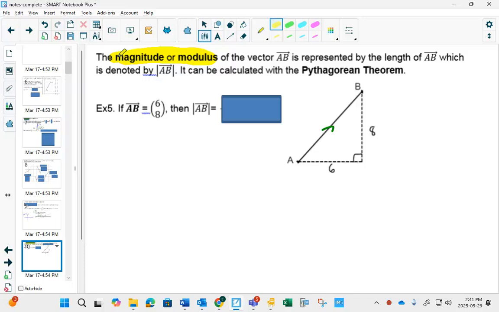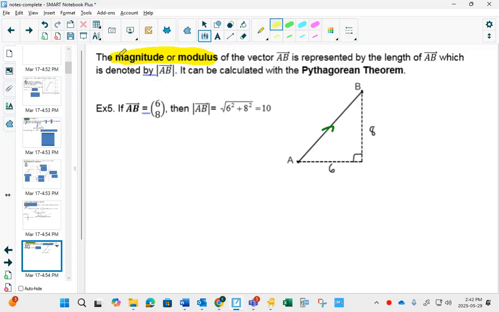So if in 2 dimensions, I had the vector 6, 8, that would mean 6 to the right, 8 up. How long is that vector? Do you recognize this as a special 3, 4, 5 triangle? 3, 4, 5, 6, 8, 10. But you could still do a squared plus b squared equals c squared if you wanted.